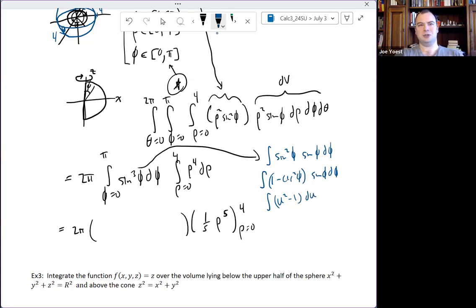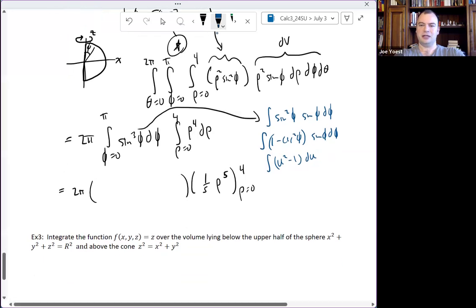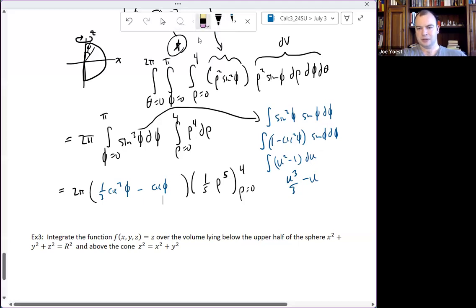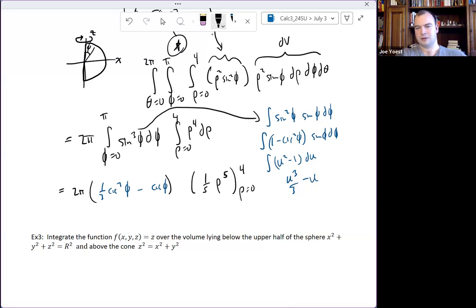I'll use that negative to switch the order of the 1 minus u squared to a u squared minus 1. This gives me u cubed over 3 minus u. And I said u was cos phi. So I think this gives me 1/3 cos cubed phi minus cos phi, with phi going from 0 to pi.